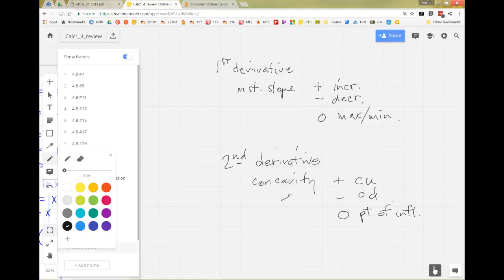Then you would go on either side of your points of inflection, and you would do a test value, second derivative, see if it's concave up or concave down, and then determine your intervals. So that's kind of a summary of the first and second derivative. And I think that's what the person was looking for. Okay?